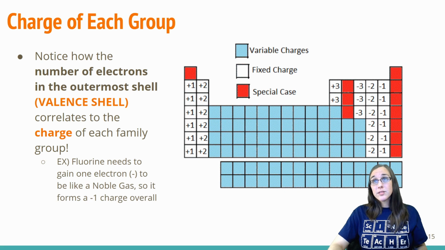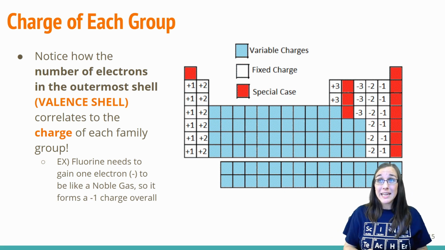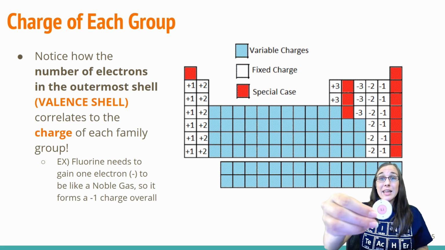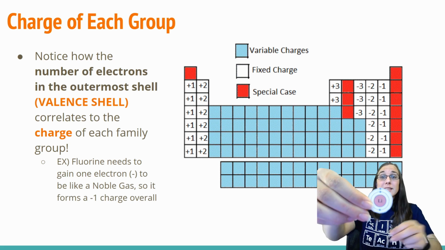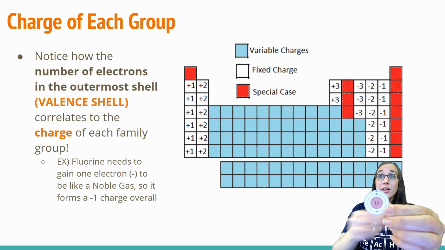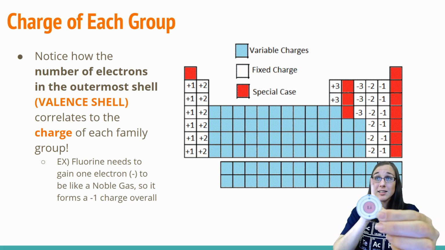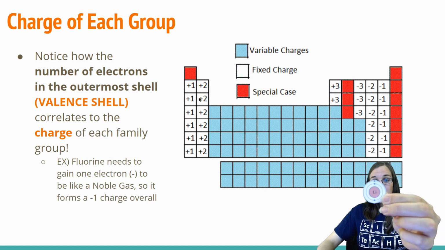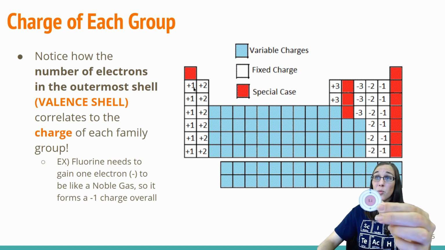So in other words, if we were going to look at our first family, our alkali metals, and we were going to look at lithium. Lithium is an alkali metal. Notice that in the outermost shell, in the valence shell of lithium, there is only one dot. There is one electron. Notice that where lithium would be over here on the periodic table, it's +1.